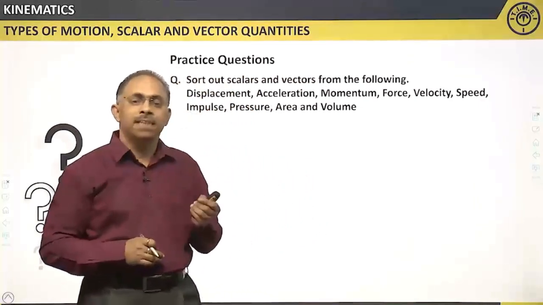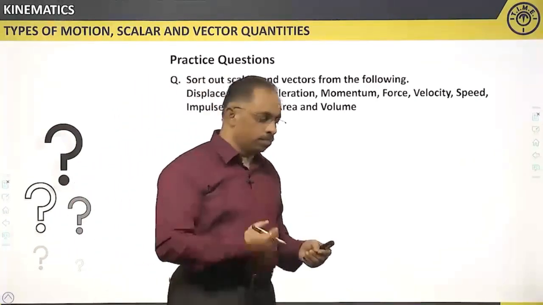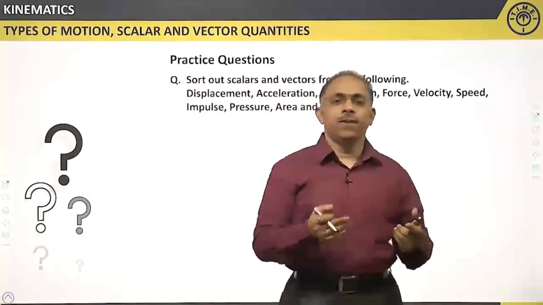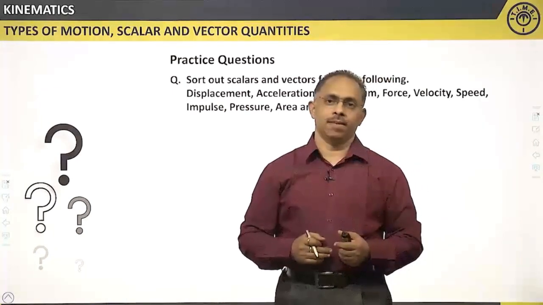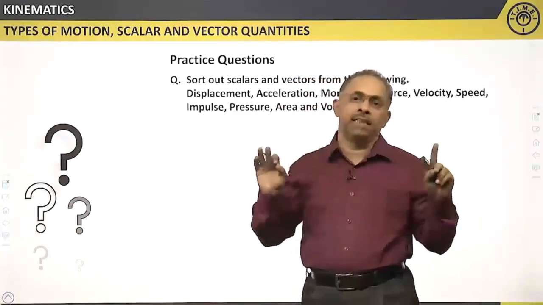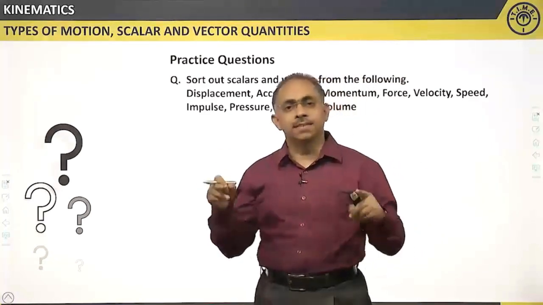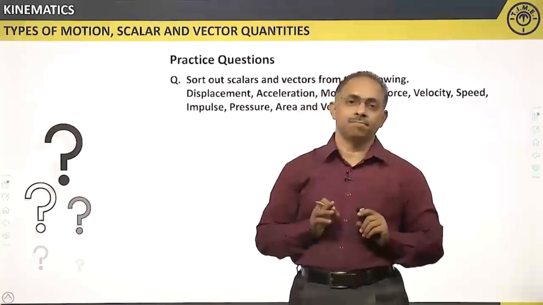The basic definition of a vector is a physical quantity which requires both magnitude as well as direction for its complete description. If direction is not required at all, and magnitude alone is enough, then it will be a scalar.